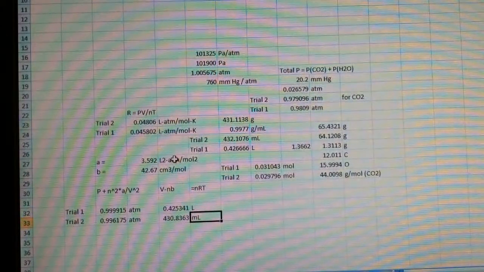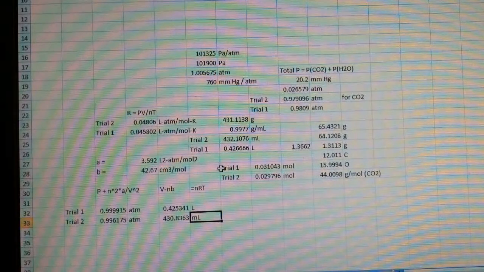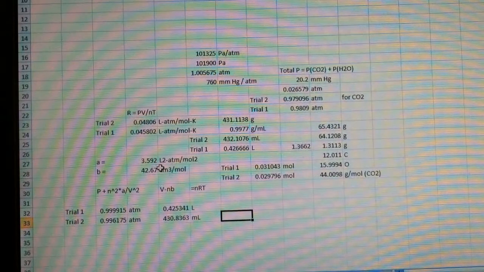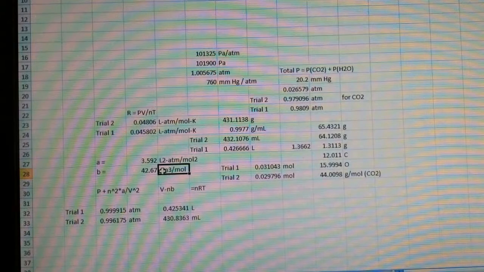So it'll work. However you calculate, just make sure your units cancel and you know what you're doing. If you write out your units, you can do that. But you have to pay attention to things like this, where you have cubic centimeters, which is the same as milliliters, so that's not going to cancel with the liters.